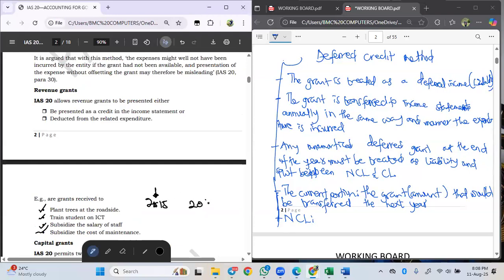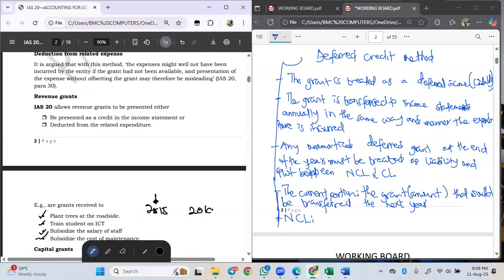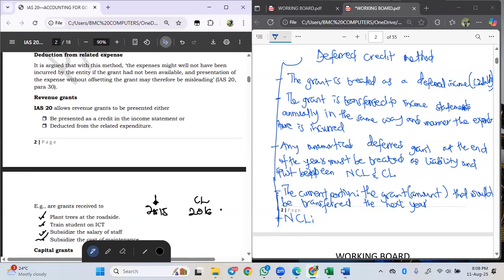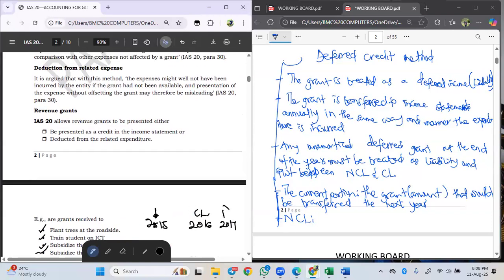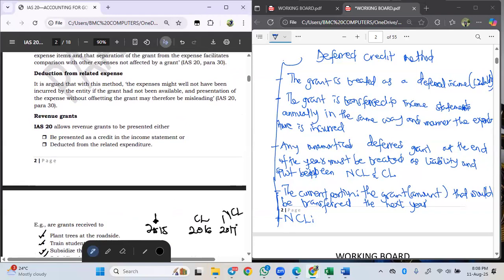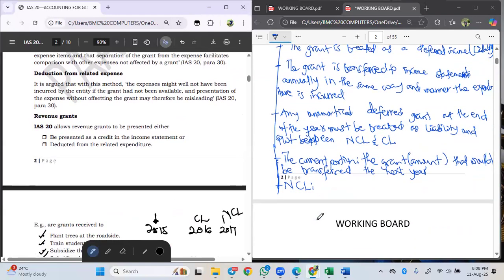So the deferred income in 2016 will be the current liability, and the deferred income in 2017 going will be the non-current liability. So that's how we split it. So we will take a question and you understand.